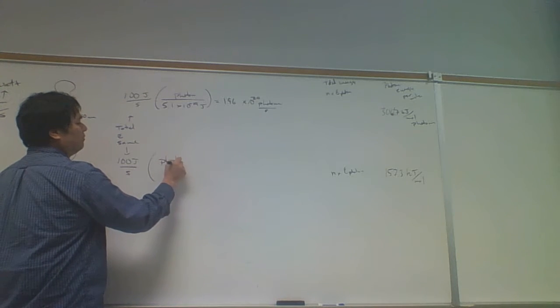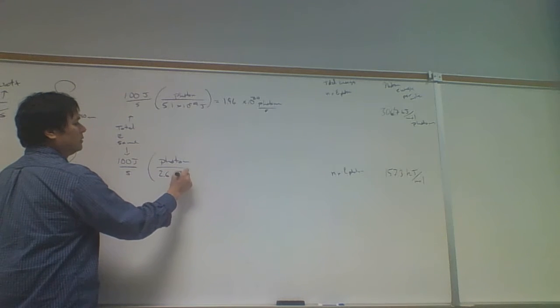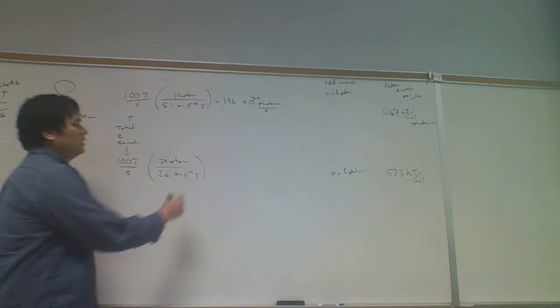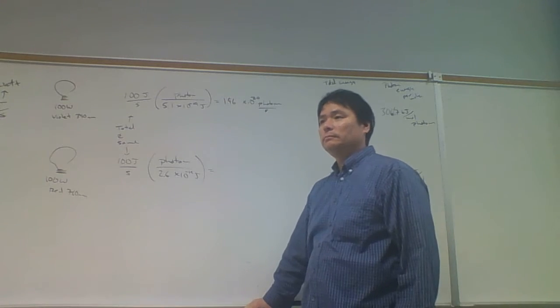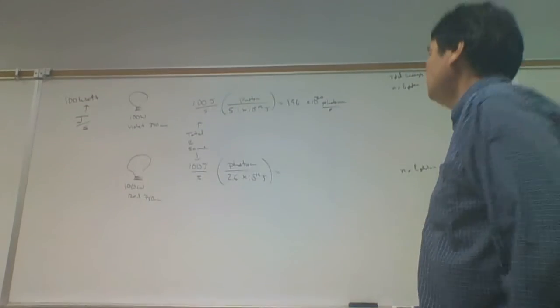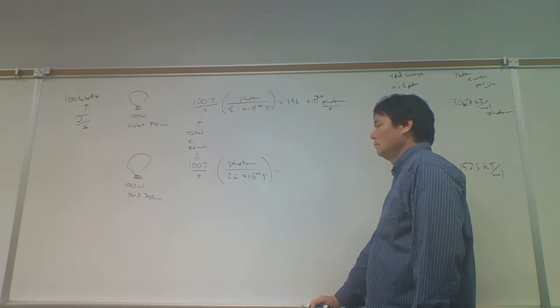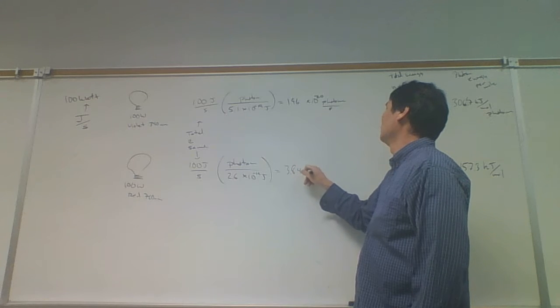So a photon of red light at 760 has what energy? 2.613, we won't do so many sig figs, 2.6 times 10 to the minus 19 joules. And so this is going to give us how many photons per second? 3.84 times 10 to the 20.